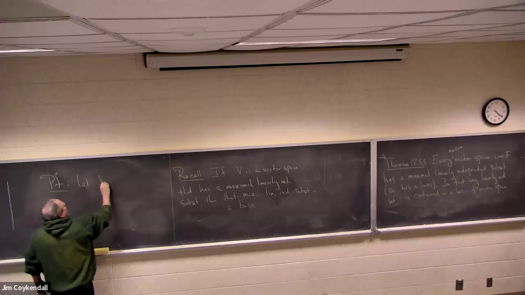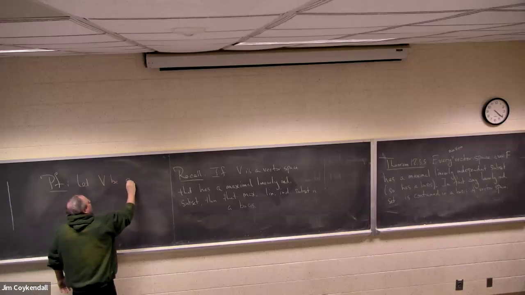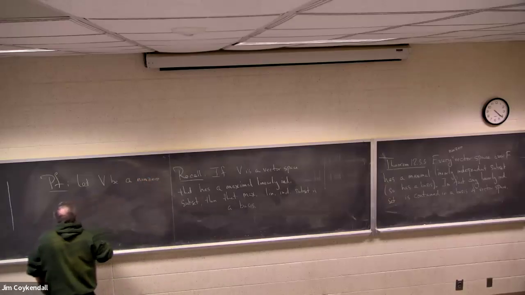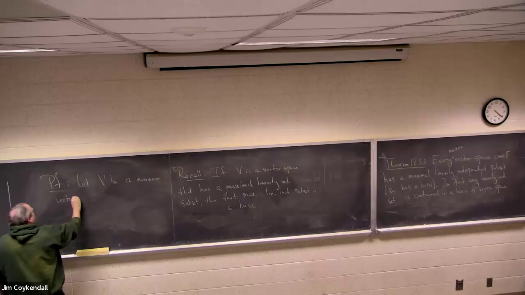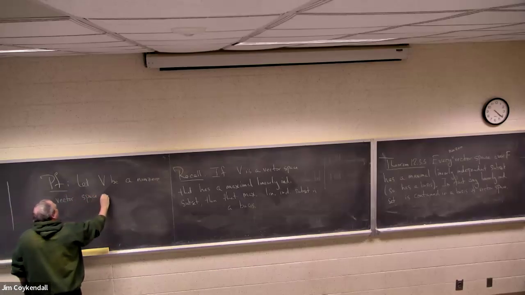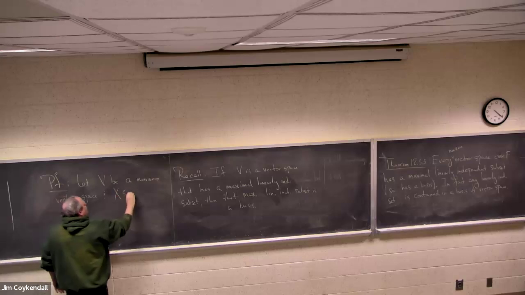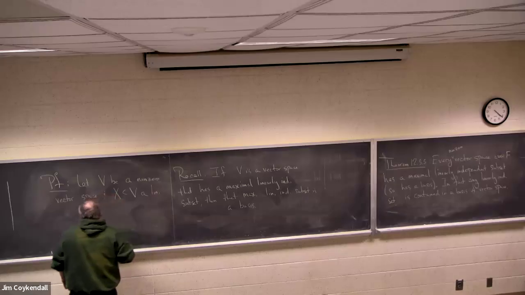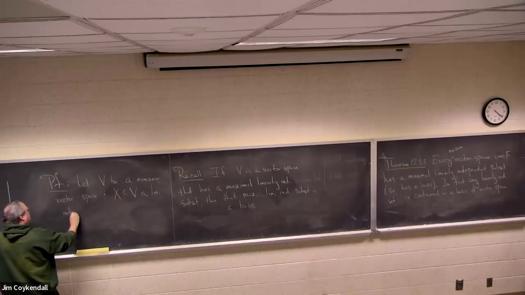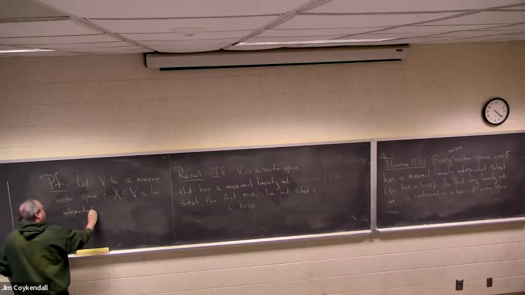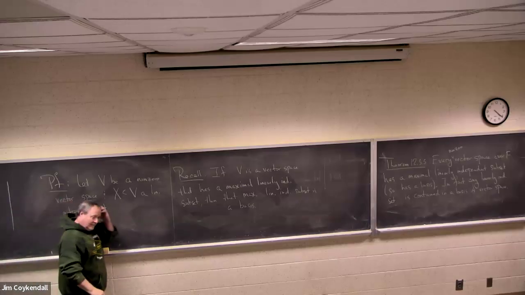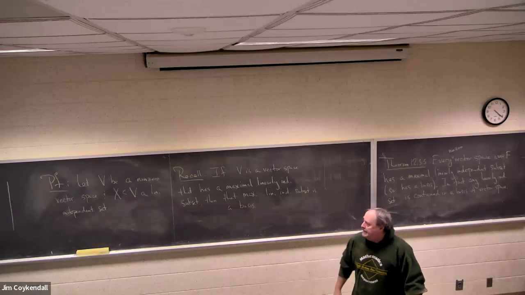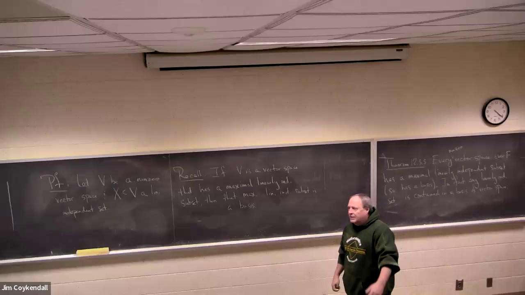Let V be a non-zero vector space, and X in V a linearly independent set. Of course, if you're hypercritical, you might say, how do you know there is a linearly independent set?